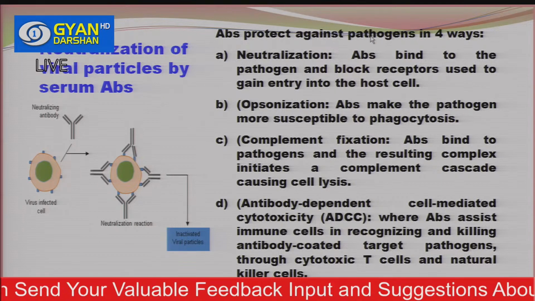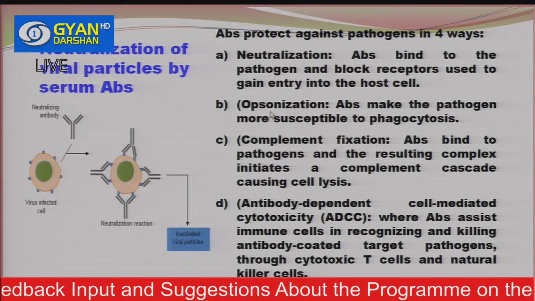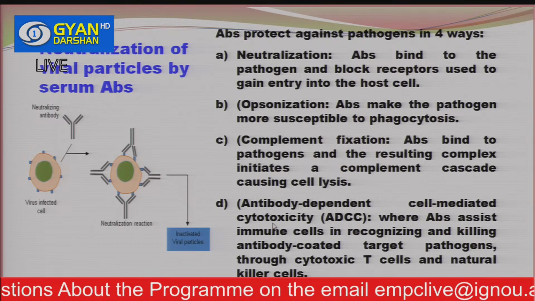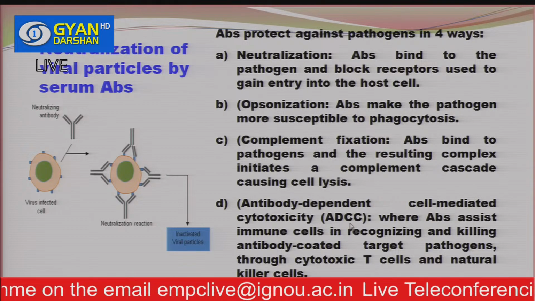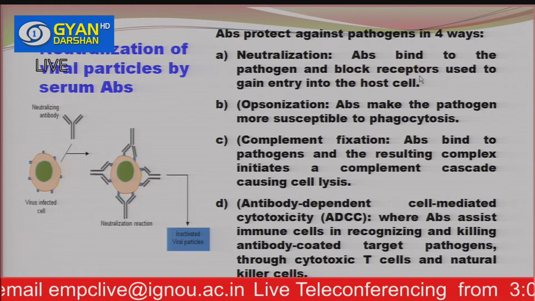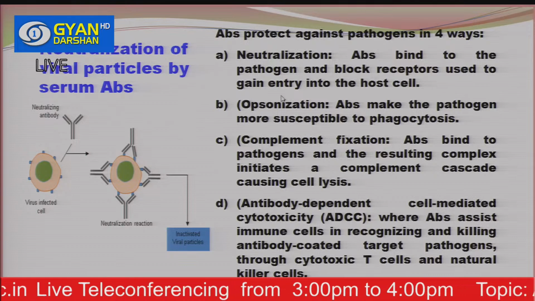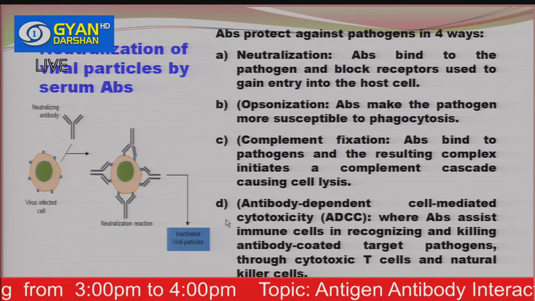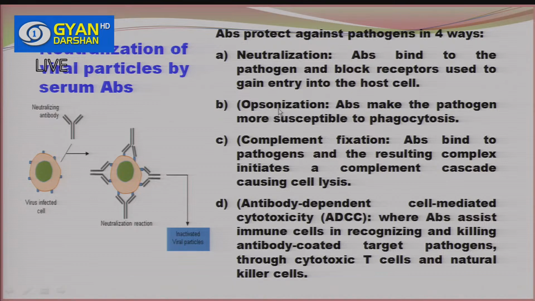The antibody protects against the pathogen in 4 ways. First one is neutralization, second is opsonization, third is complement fixation, and fourth is antibody dependent cell mediated cytotoxicity. So there are 4 mechanisms. Ultimately we can kill the pathogen, neutralize the pathogens, or get rid of the pathogens. All 4 mechanisms require the antibodies.